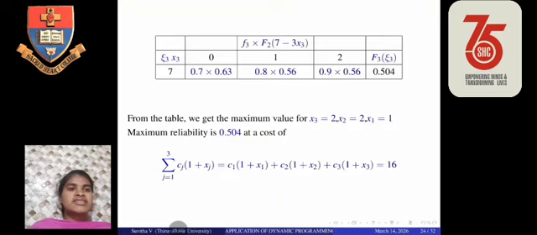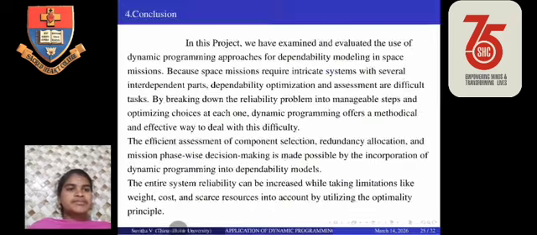The value of x1 equal to 1, x2 equal to 2 and x3 equal to 2. The maximum reliability is 0.504, at which the cost can be calculated using the equation: summation j equal to 1 to 3 of cj times (1 plus xj). If we solve this, we get the cost to be 16.